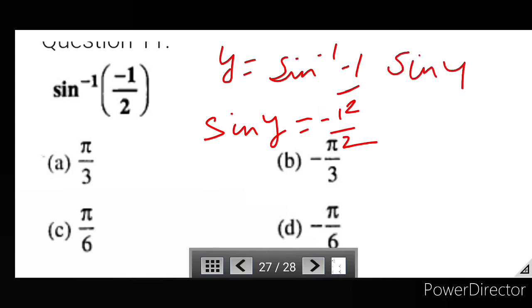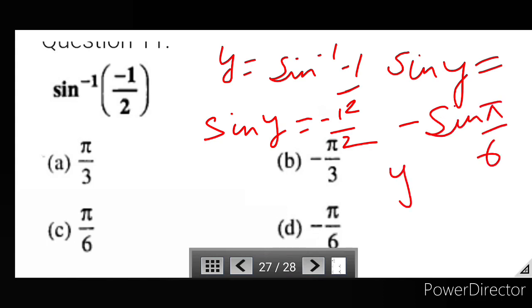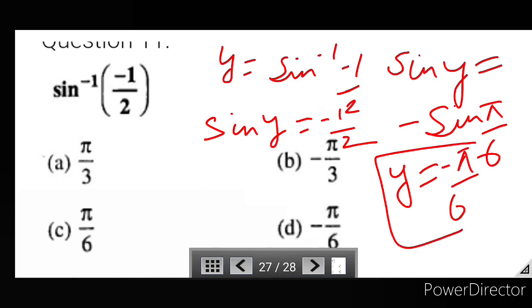Now sin y is equal to minus sin pi by 6, that is y is equal to minus pi by 6. So D is right option.